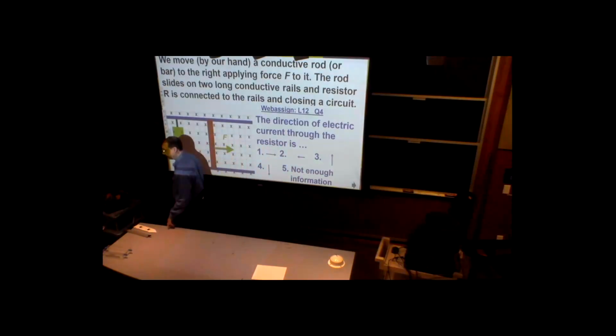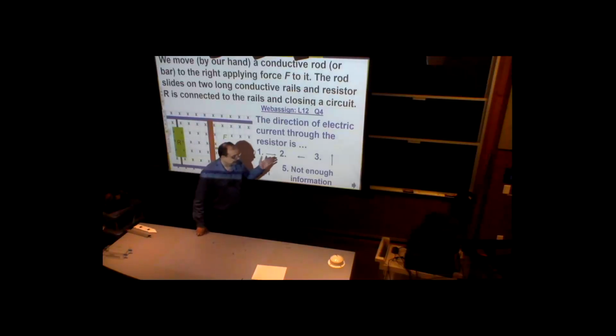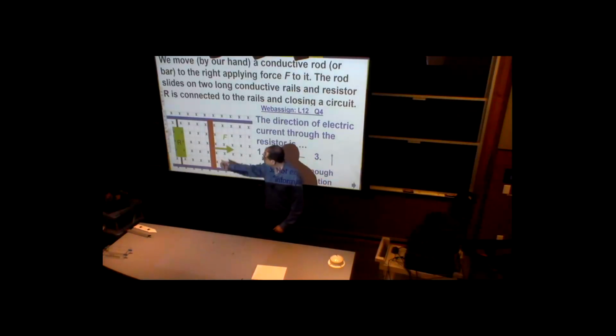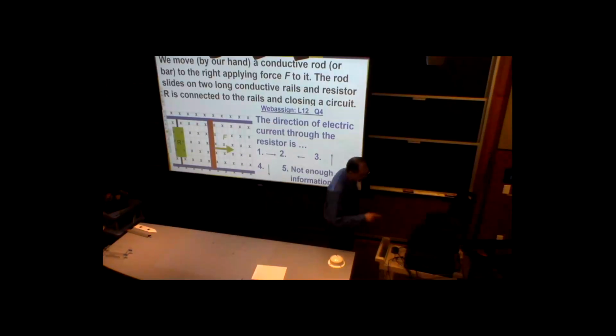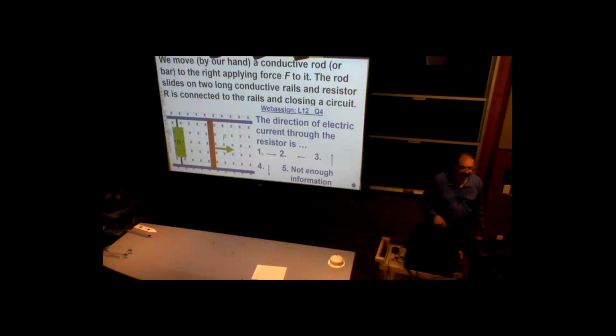A moving bar, wires, instead of a multimeter, here I just use a resistor, maybe a bulb, and I move the same bar in the same direction with the same magnetic field. The question is, what's supposed to be the direction of electric current through the resistor?